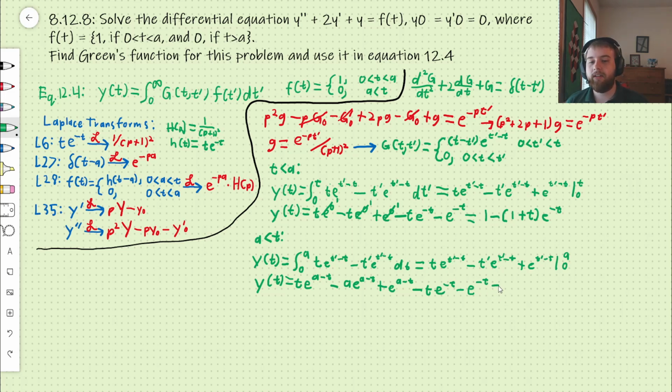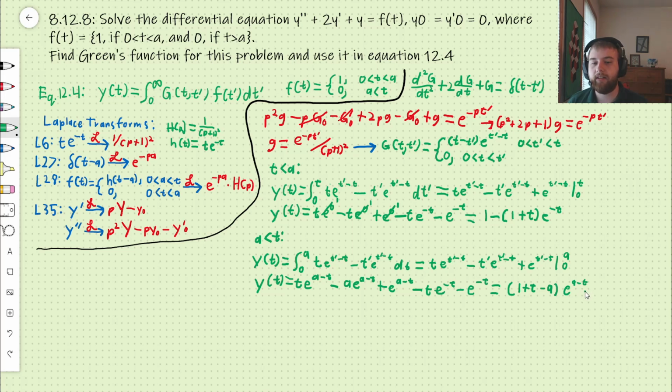So I'm going to rewrite this once again. I'm going to combine our 3 e to the a minus t's. So that is going to be 1 plus t minus a, e to the a minus t.